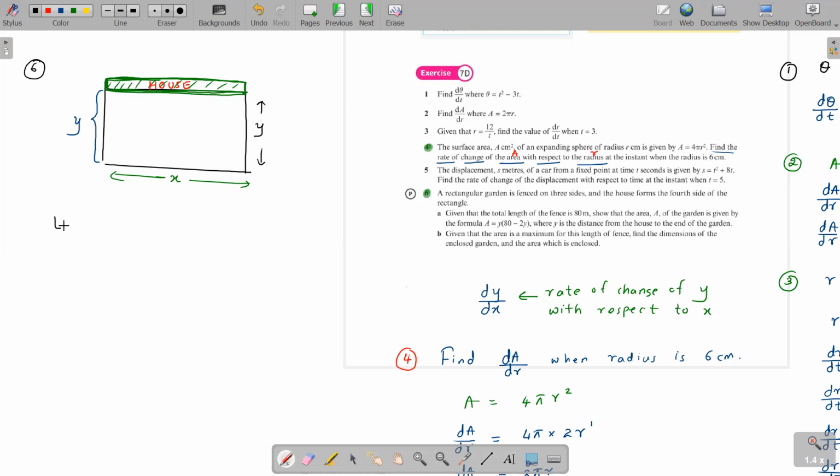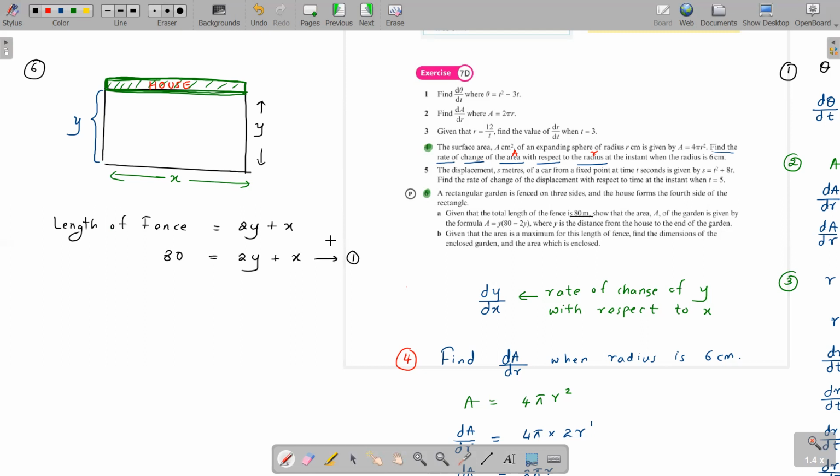So the length of the fence is y plus x plus y, or 2y plus x, right? They have given you the length of the fence, 80 meters. So 80 equals 2y plus x is your equation number 1. Can you see? It's clear.